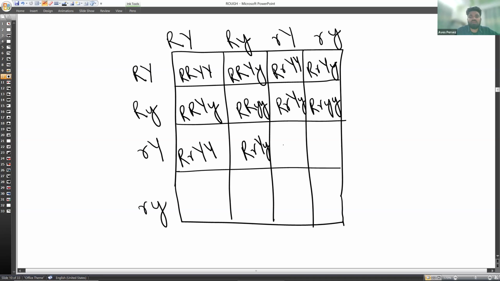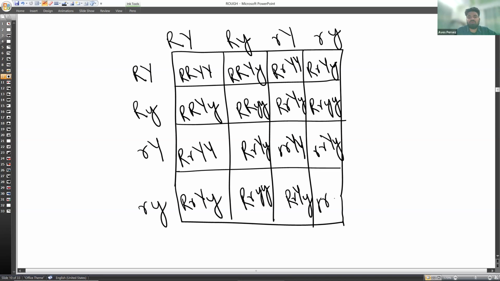Then small r, capital Y, capital Y. Then small r, small y, capital Y, small y. Then capital R, capital Y, small y. Then capital R, small y, small y. Then capital R, capital Y, small y. Then small r, small y, small y. Are you getting this one? This is the way we are going to write it. Got it?